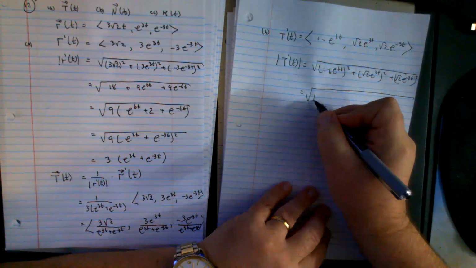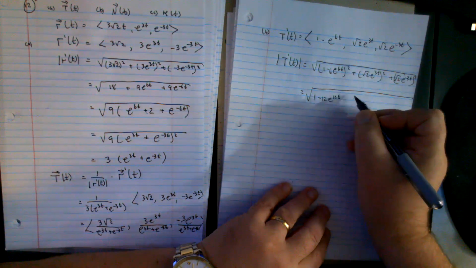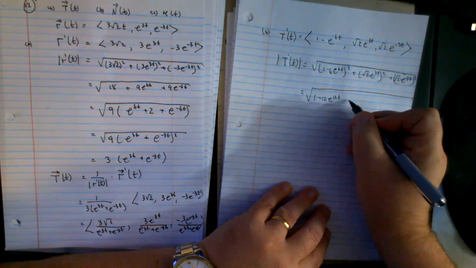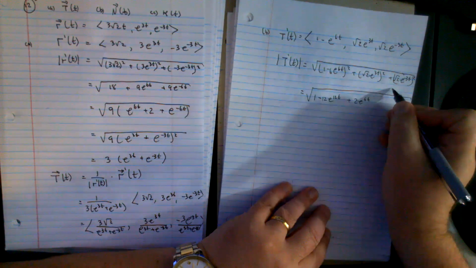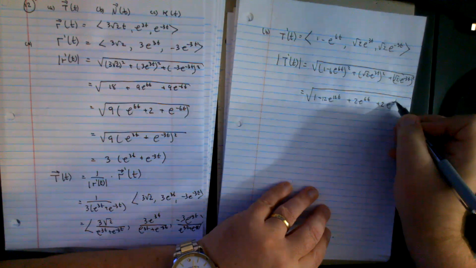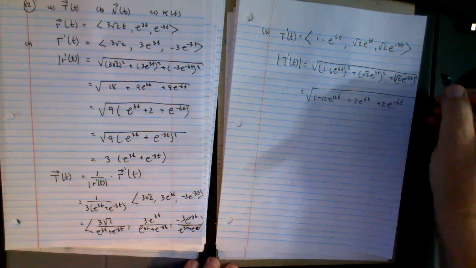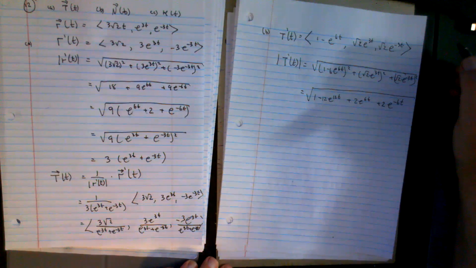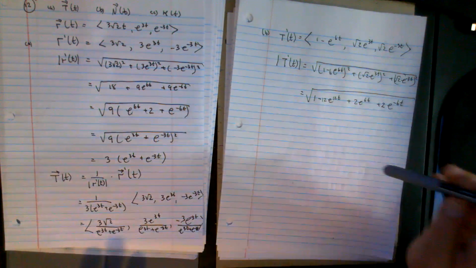You get 1 minus 12 e to the 12t. And this one, you get 2 e to the 6t. This one, you get 2 e to the negative 6t. And that's the end of that question.